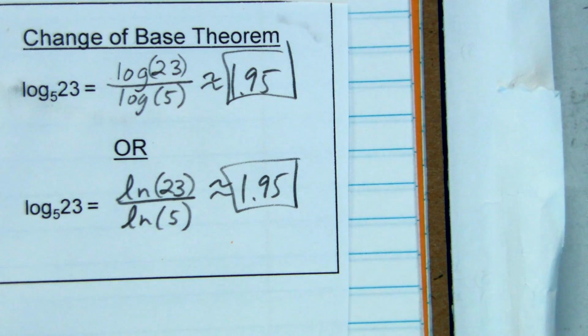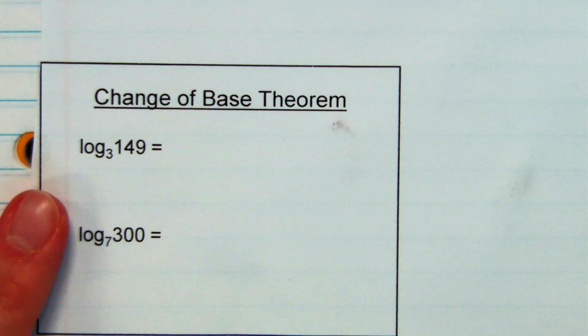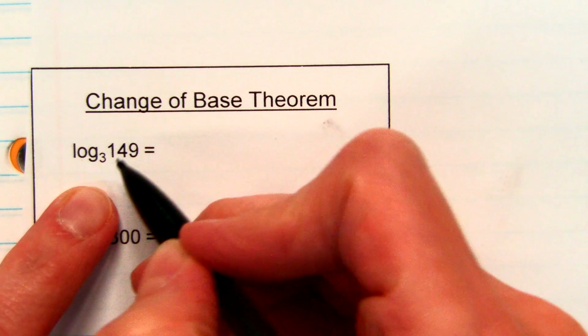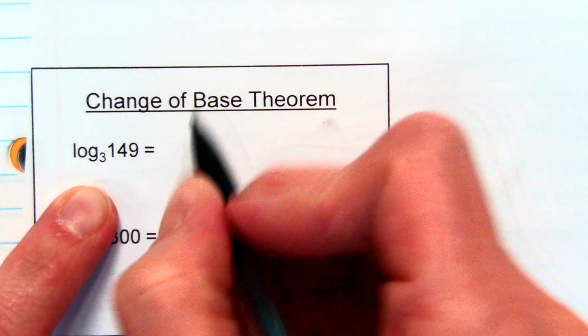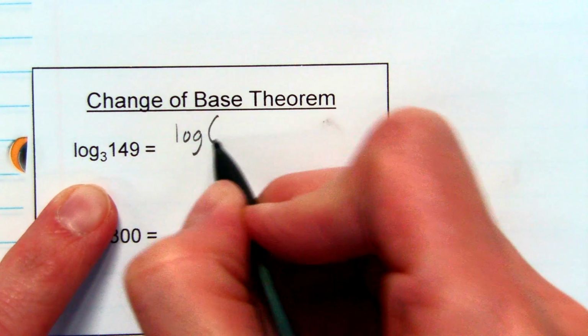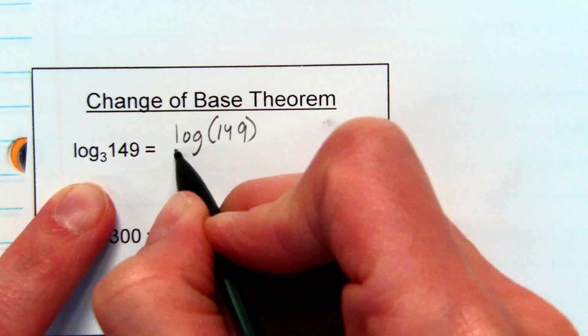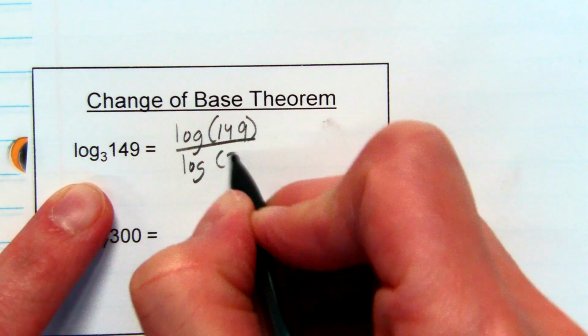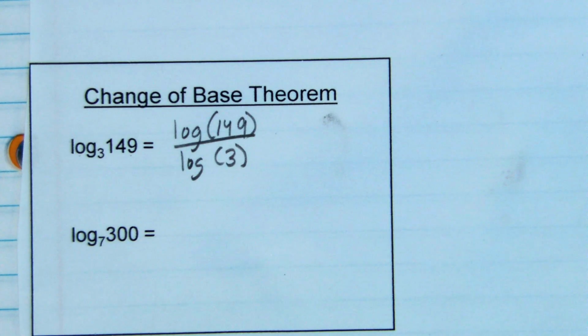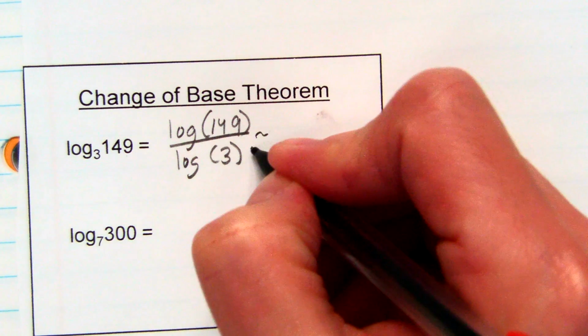All right, so you get to choose. On the next one, I have log base 3 of 149. I'm going to use the regular common log, log 149 over log 3. We're going to use this to do some story problems tomorrow, so it'll get more interesting.